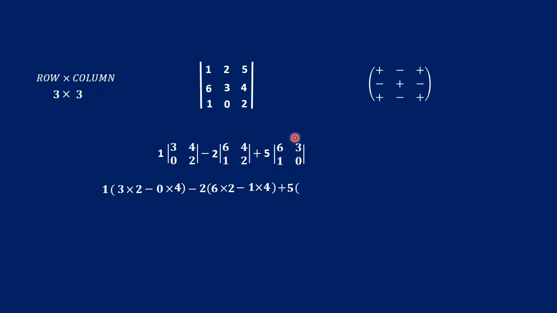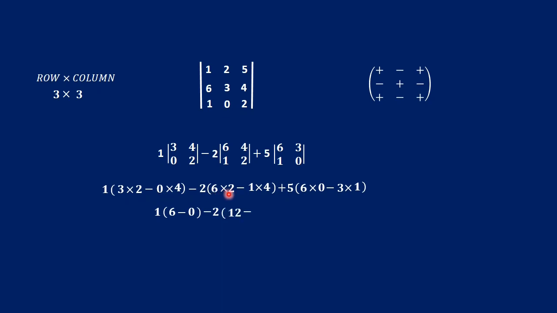And the determinant of this matrix is also 6 times 0, multiply this diagonal, minus multiplication of this diagonal. That's 3 times 1. So 3 times 2 gives 6 minus 0 times 4 is 0.